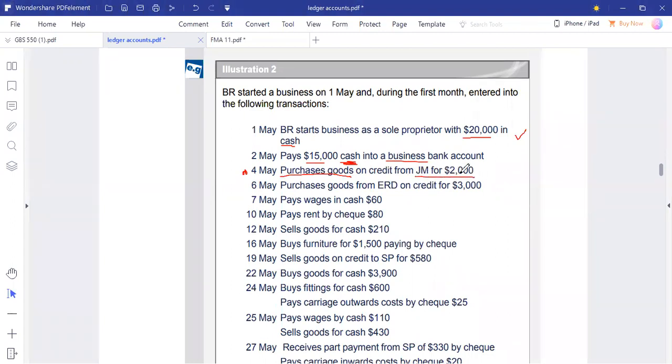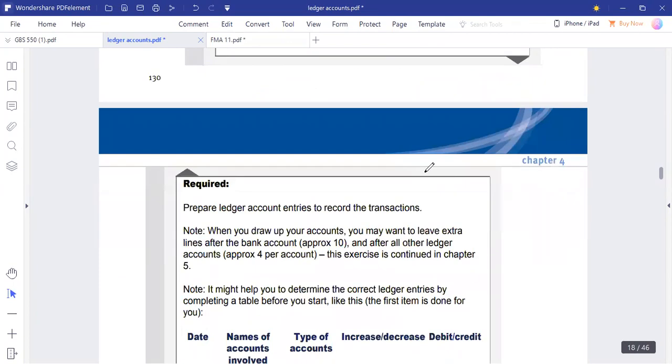And on credit, it's an account what? Payable. Or we can put JM himself. So the purchases, we're receiving goods. So the purchases account will do what? Will be debited. And the JM account, we're going to credit because it's a creditor.